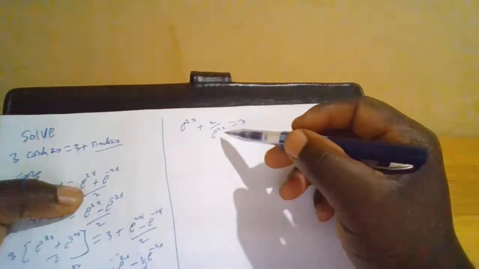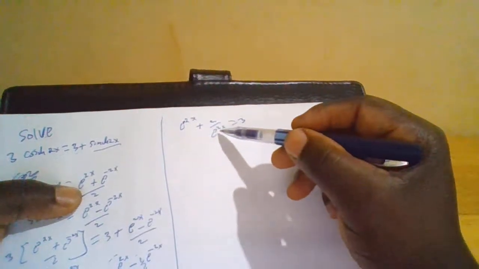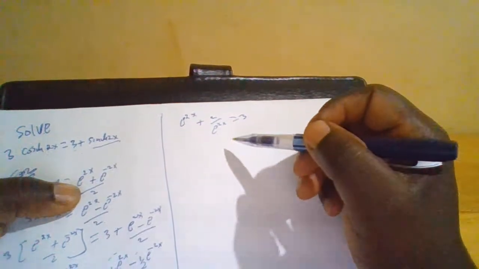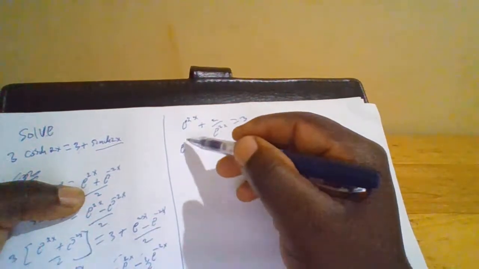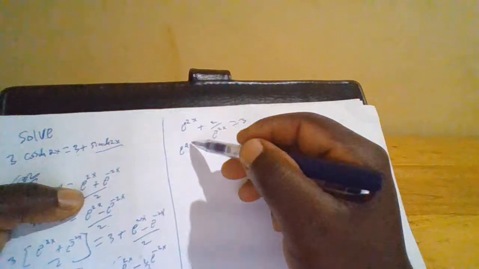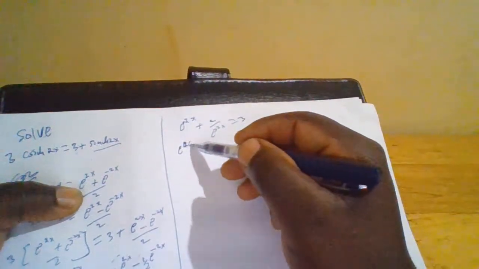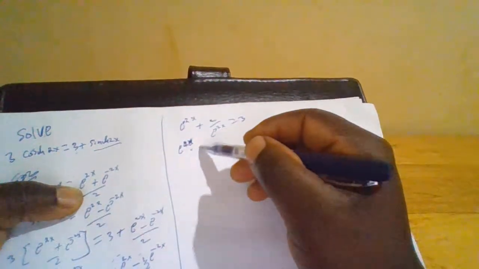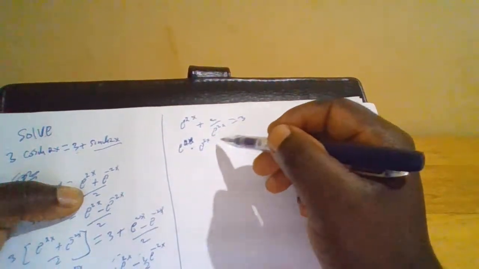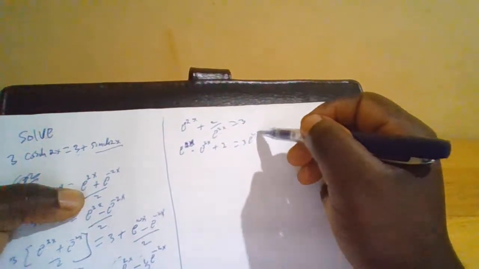Now from here, we can multiply through by e^(2x), so that here we have now e^(4x). We have e^(2x) times e^(2x) plus 2 equals 3e^(2x).